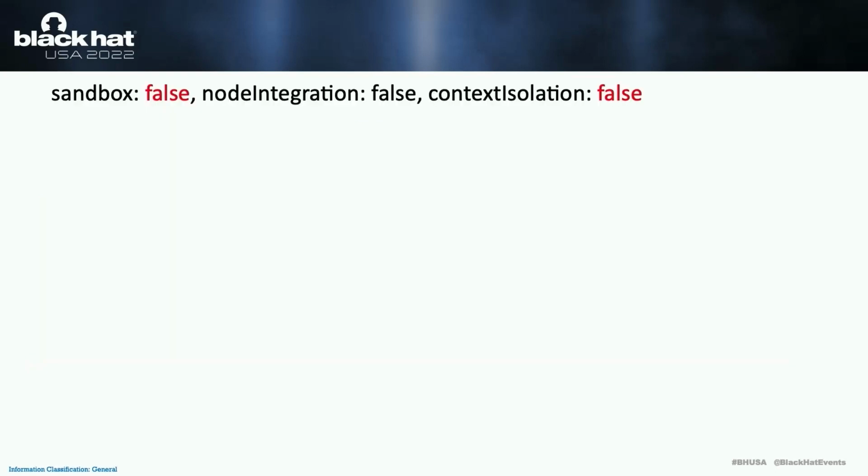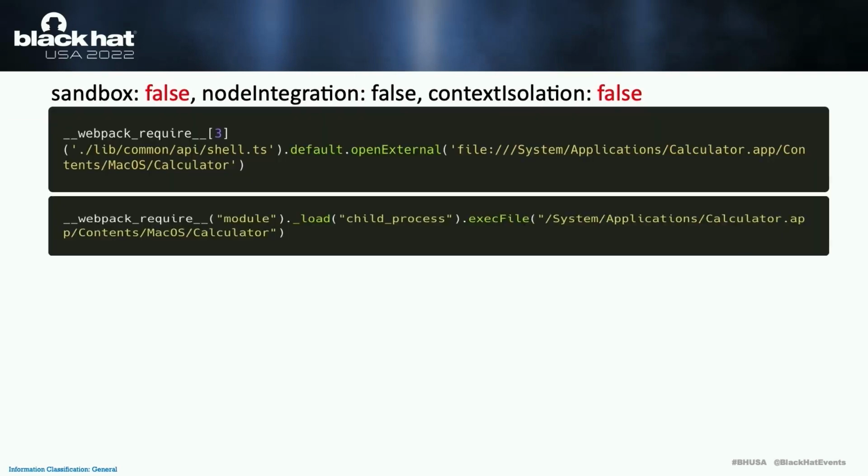For a situation like this, where sandbox is false, you may be wondering whether you can just run a renderer exploit, but you can leak this webpack require using prototype pollution and also get access to node primitives or Electron's common API to pop your calc. And you may be wondering why to use this and not a V8 exploit.